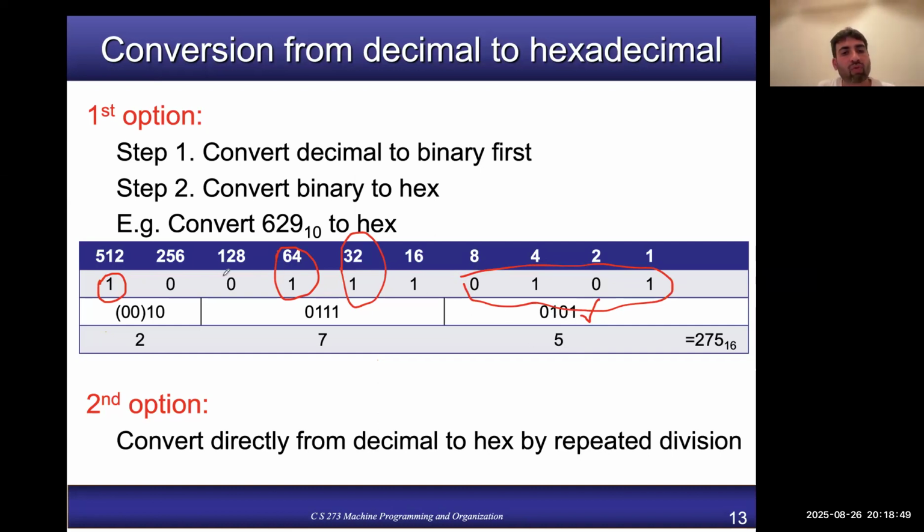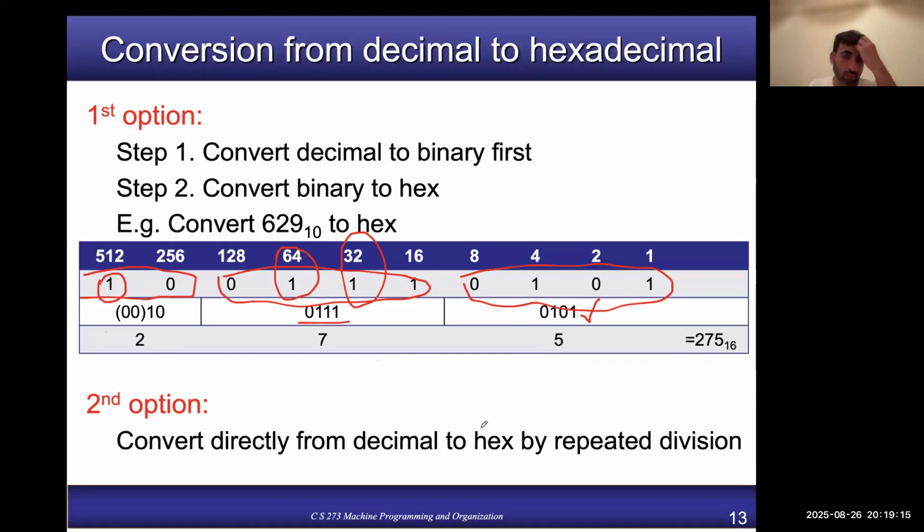Then I group the next 4 bits and replace them with their equivalent hexadecimal value, which is 7. For the next bits, I am left only with 10, so I can append 2 zeros, so it becomes 0010, and I replace it with its equivalent hexadecimal, which is 2. So the number in hexadecimal will be 275, right?